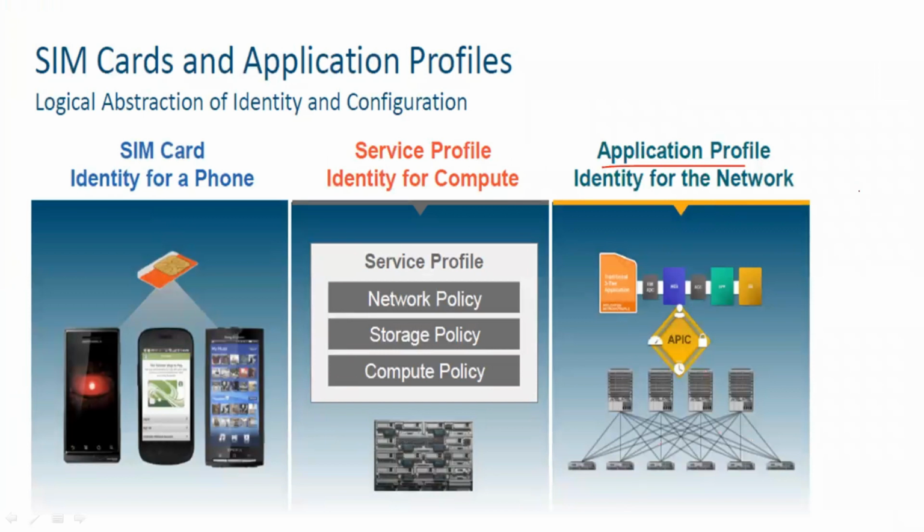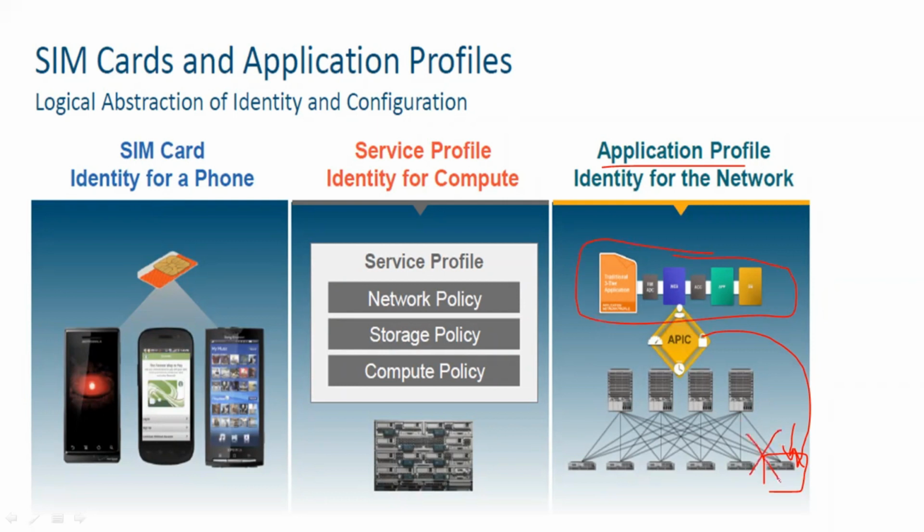Now, Cisco is doing a similar thing with ACI with the help of the application profile. From the APIC, I will push some configuration to this leaf. Now let's suppose this leaf goes down. Earlier we would have the startup configuration stored somewhere, in an FTP server or some backup. If this switch physically goes down, now you don't need to take care of that, because this policy is placed on the APIC.